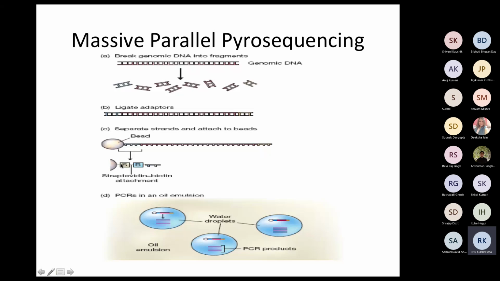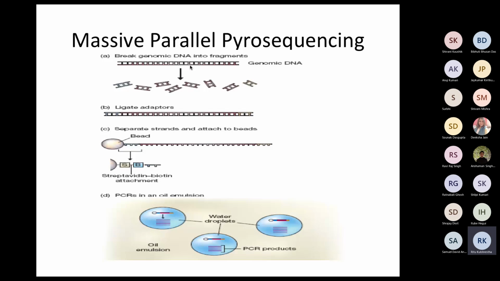And when I incubate these DNA fragments, in which the adapter is attached, with these beads, just because they had biotin on this end, they can attach to the beads. Only precaution I have to take is that I should use my beads in a very high ratio as compared to the DNA fragments, because I want each bead to have only one DNA fragment bound to it.